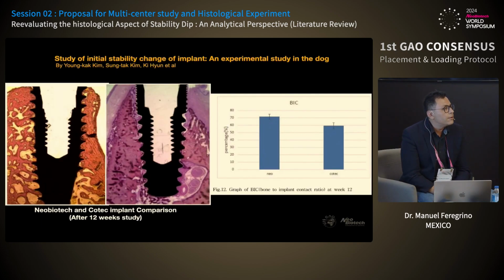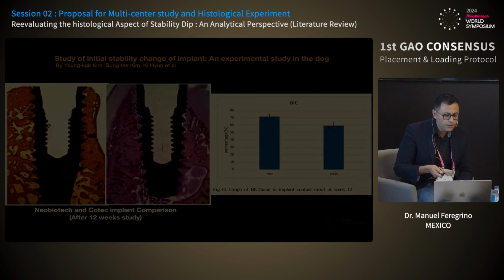In this article, we could compare two implants in histological findings, Neobiotech and Cotec implants. And I love this view because, as we already see at the Neobiotech implants, we have a really nice contact. But here, maybe you can see it at the Cotec implant.